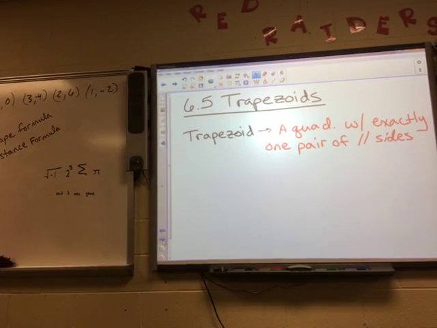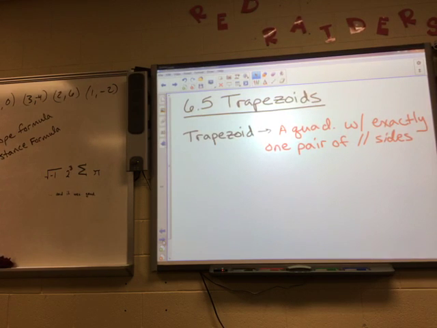So it can't have two pairs, has to have exactly one pair. So is a trapezoid a parallelogram? No, it is not. So be aware of that. A trapezoid is not a parallelogram.